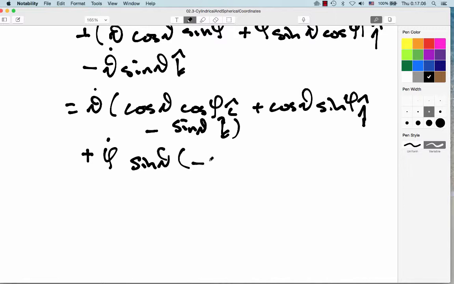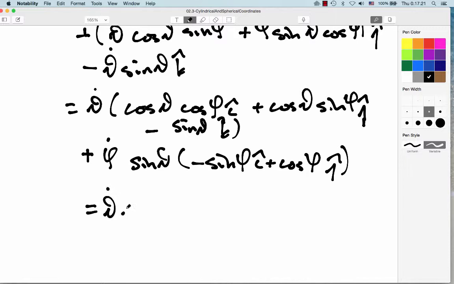I'll be left with minus sine phi i hat plus cos phi j hat. Well, I look at this. This whole long-winded complicated thing is just plain theta hat. So we get theta dot theta hat for r hat dot, plus this bit here is phi hat, so I get a phi dot sine theta phi hat.